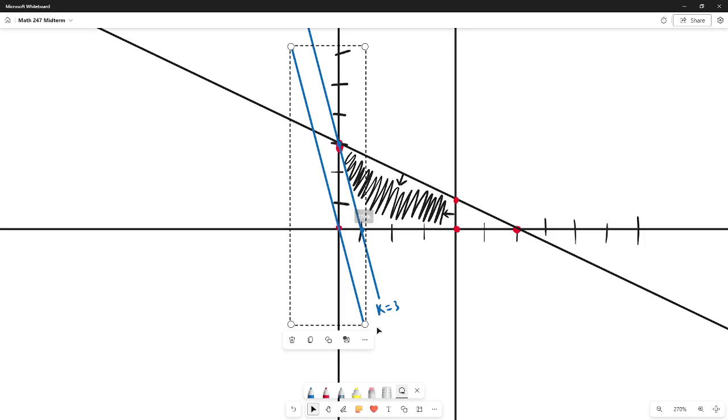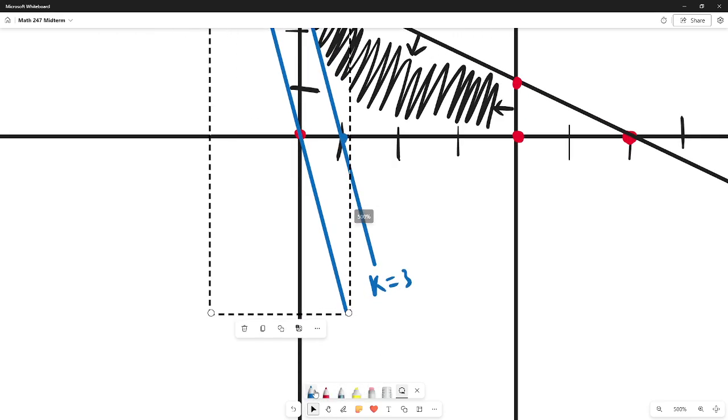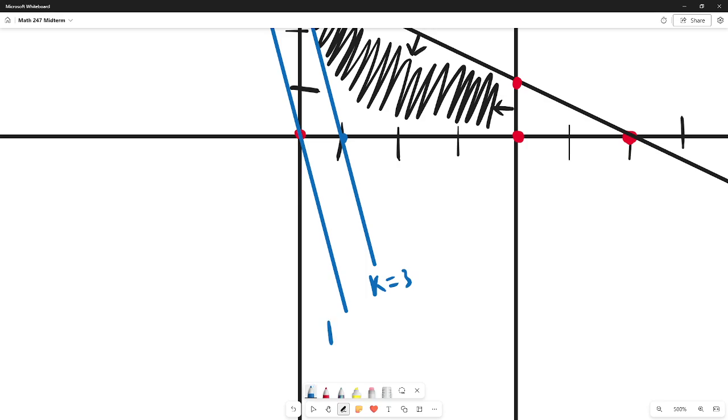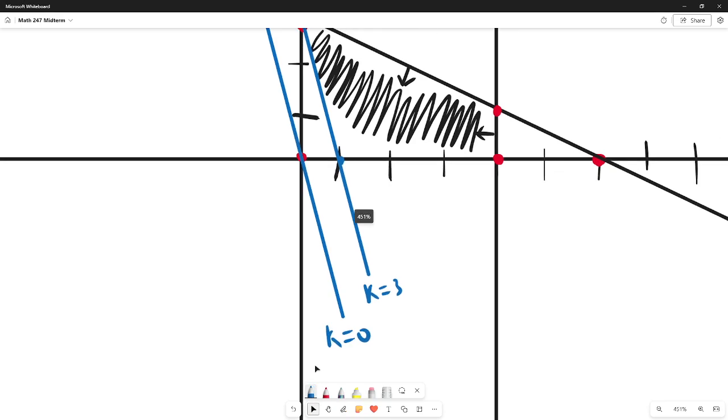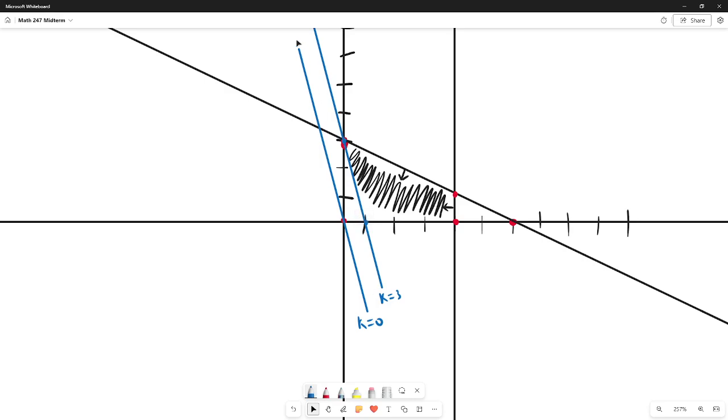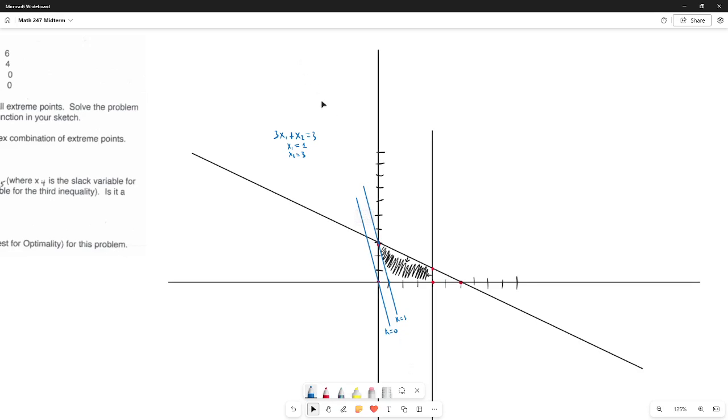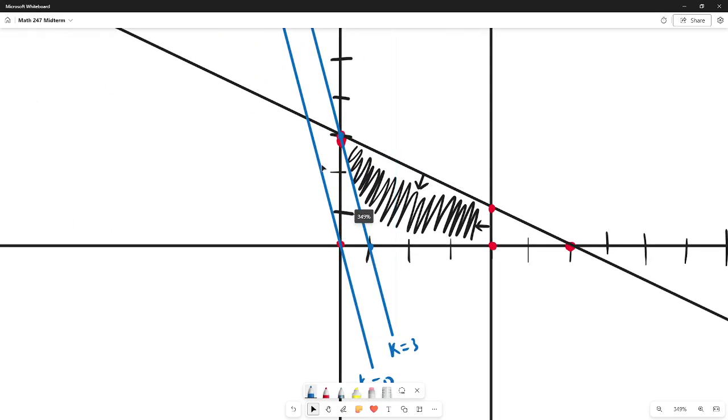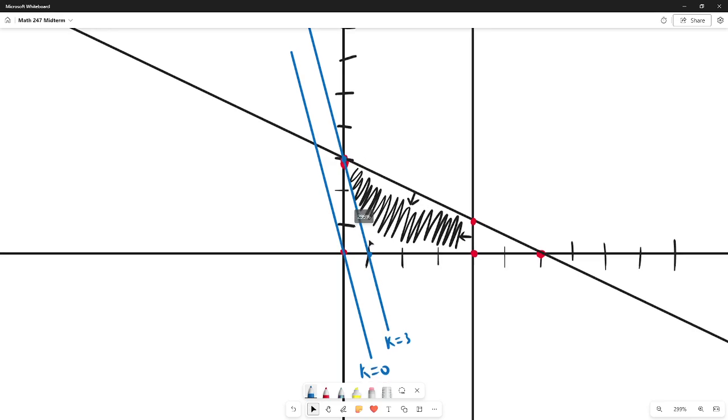And this would be in the event that k is equal to 0. Obviously, it would span more than this. I just don't want to have to put it through each portion. But this is basically our objective function.